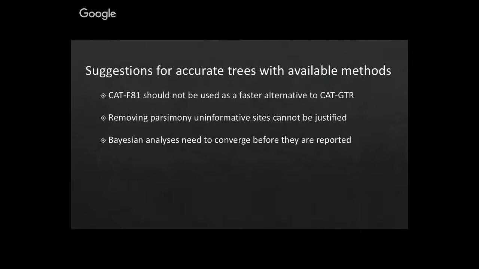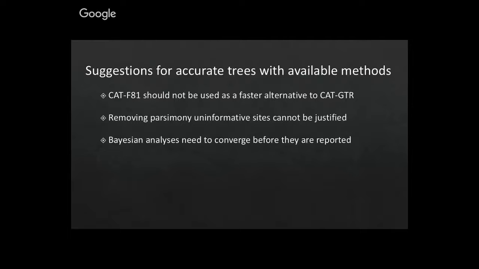And so just removing them because we want to get a model or an analysis to finish faster, I really don't think that's a good enough reason to be removing data, especially considering that I think the evidence that at least CAT-GTR, which is very widely used, is that much better than partitioning is lacking. And so just removing data to get an analysis to finish without any other justification, I think is problematic.